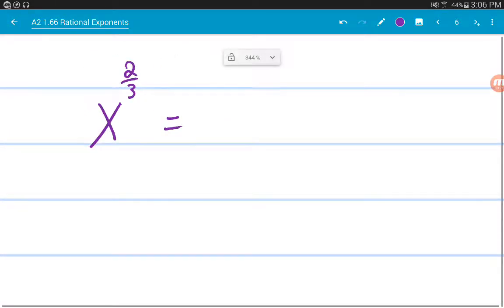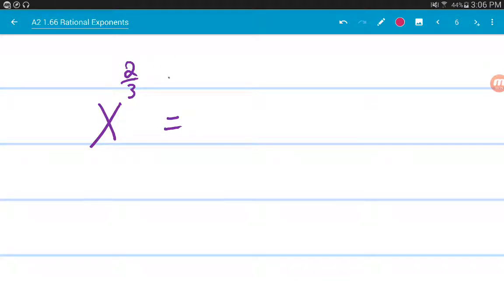saying, let me zoom in here, that this right here is the radical, or the root, and this up here is a power, or an exponent.